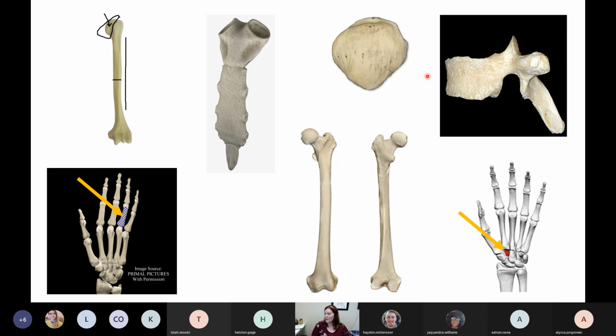And the last bone, I believe we were talking about, is called the trapezoid. So the trapezoid is one of my carpal bones. When we talk about the carpal bones, and the tarsal bones for that matter, what was the structural classification for the carpals and the tarsals? Do we remember what we called those ones? The carpals and the tarsals.